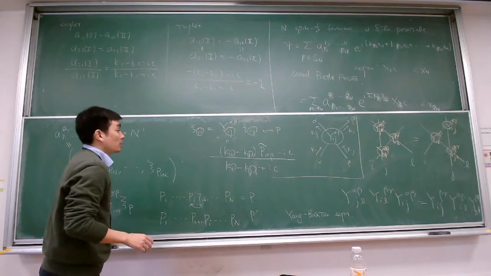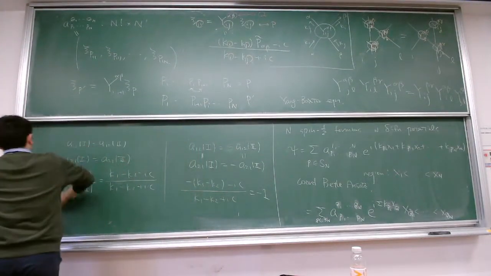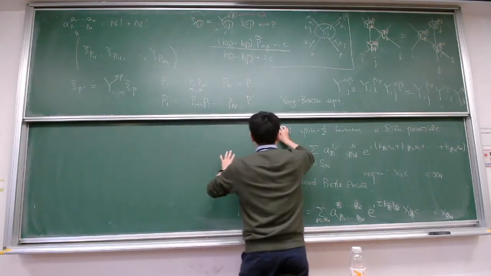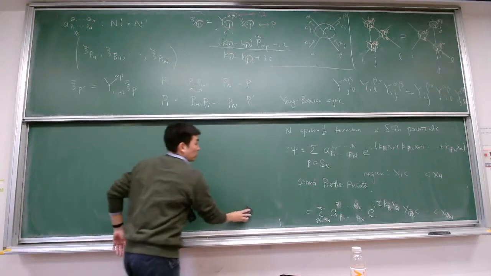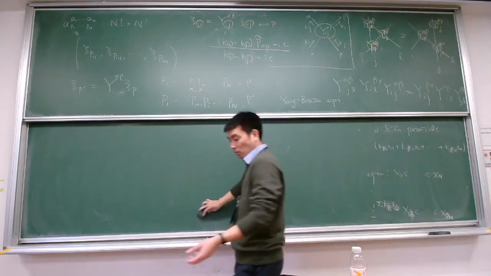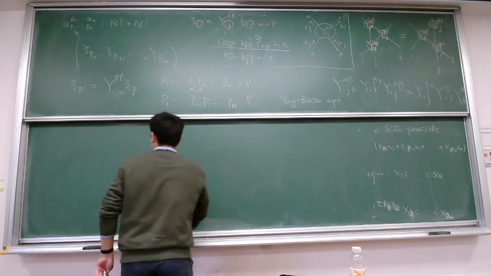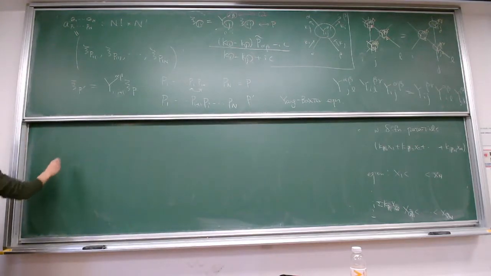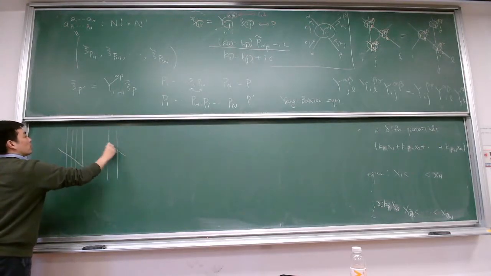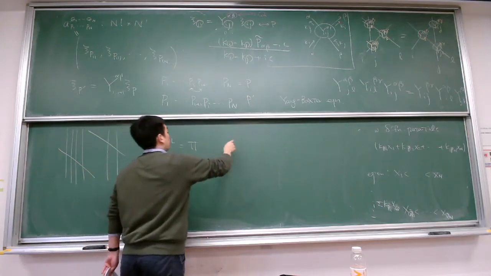And moreover, I think I should erase here. I just introduced this matrix Y. And if you want to do the same game as before, what I meant is that if you have n particles and you want to bring the j particle around this way, and find e^{ik_j L} equal to a product of scattering amplitudes.